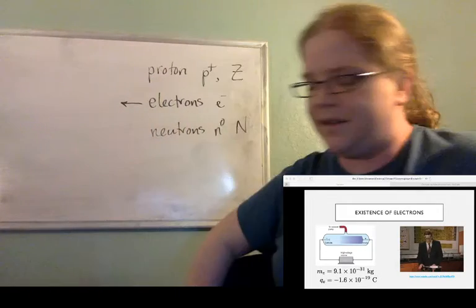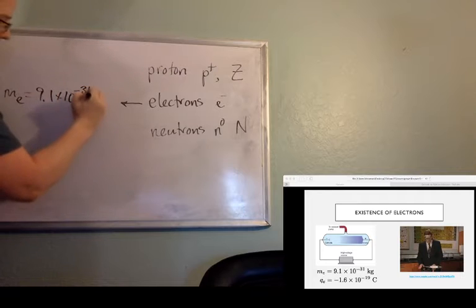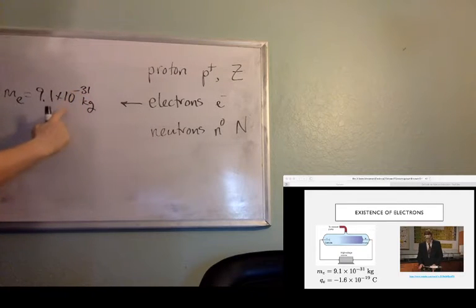So we've got two numbers. We've got the mass of the electron. It's 9 times 10 to the minus 31 kilograms. That is super tiny. Electrons are one of the smallest things that we know about.